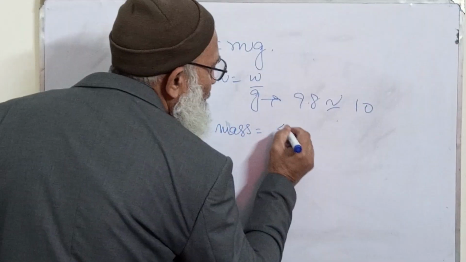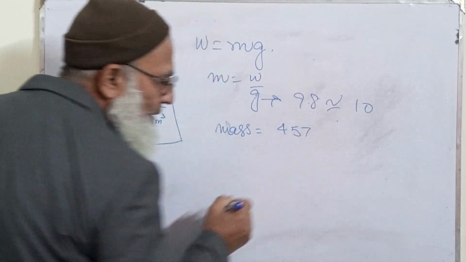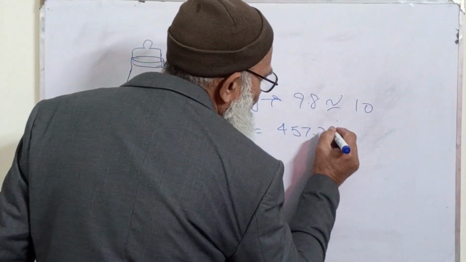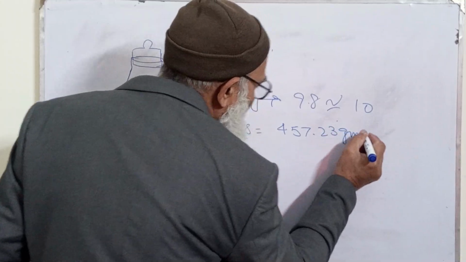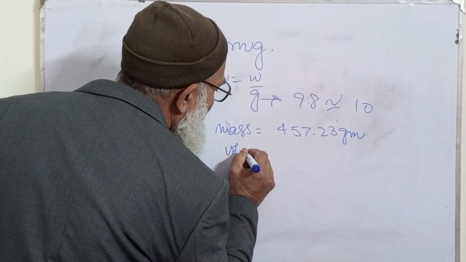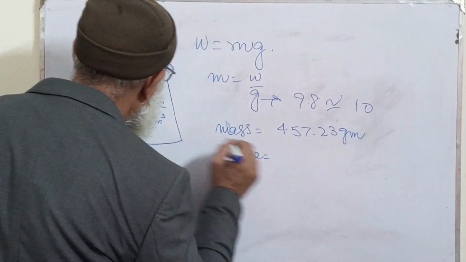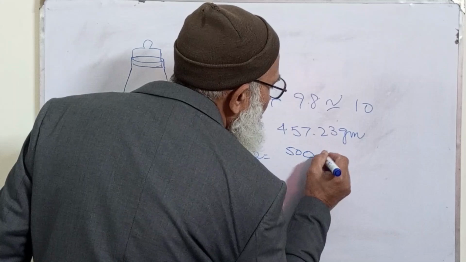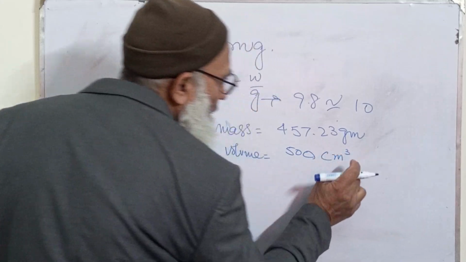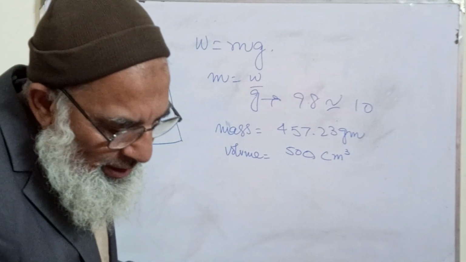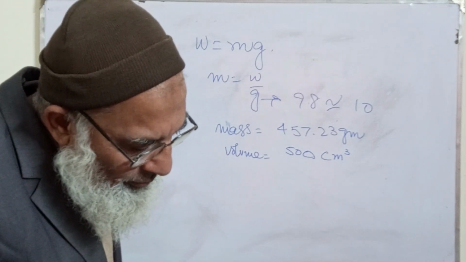Mass is equal to 457.23 grams, whereas the volume is equal to 500 centimeter cube. Now units are the same, we are lucky.